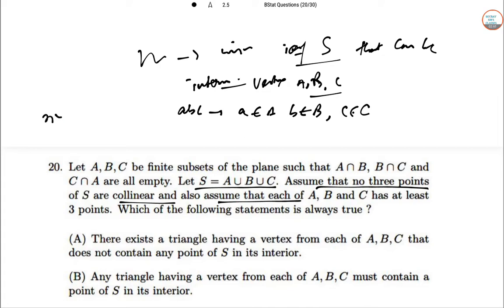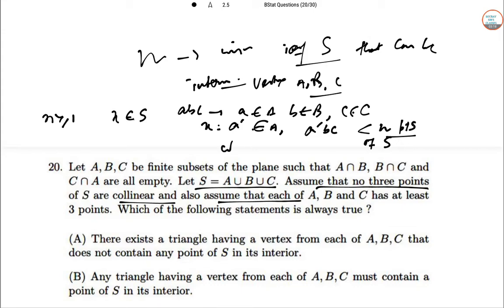So let n be greater than or equal to 1. So x belongs to S be inside the interior of ABC. Without loss of generality assume, so we can say that x equal to A prime belongs to A. Then A prime BC has less than n points of S in its interior, which is impossible.